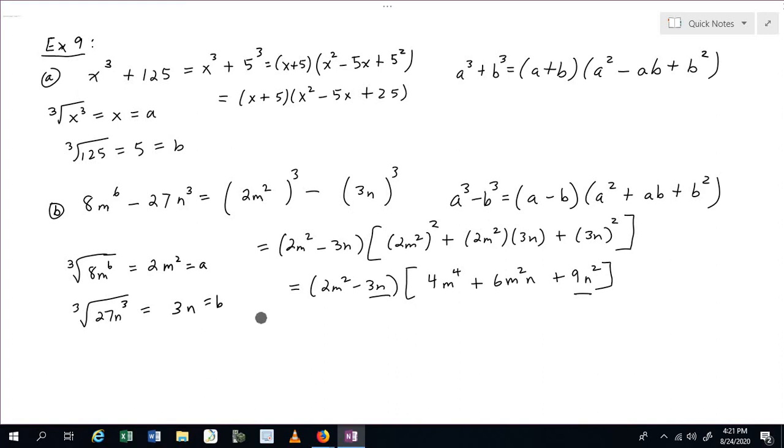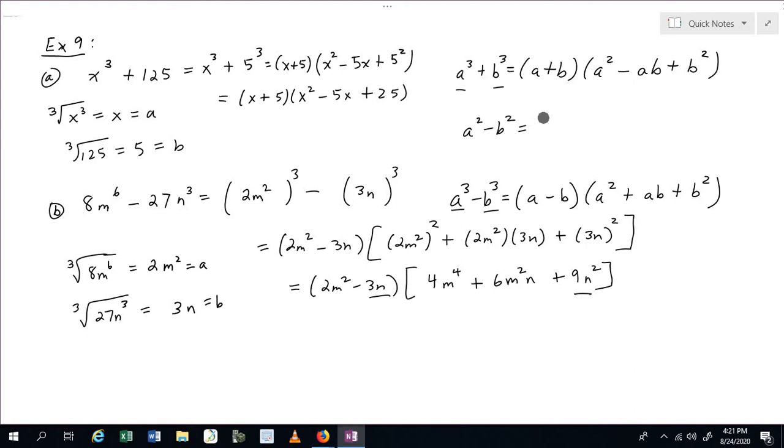So we have 3 special cases that we need to look for when we're factoring binomials. Remember, binomials have 2 terms in them.